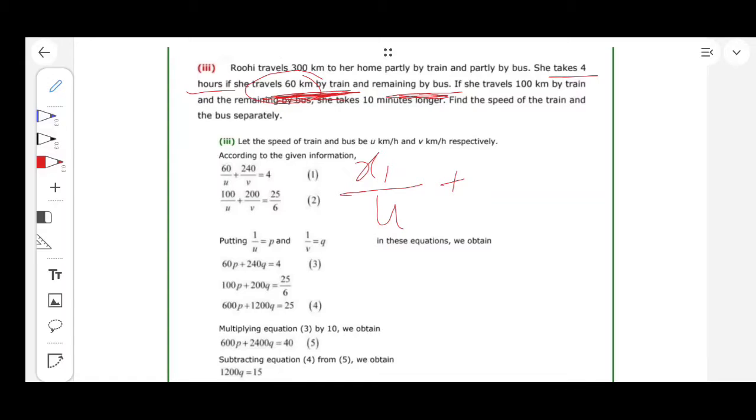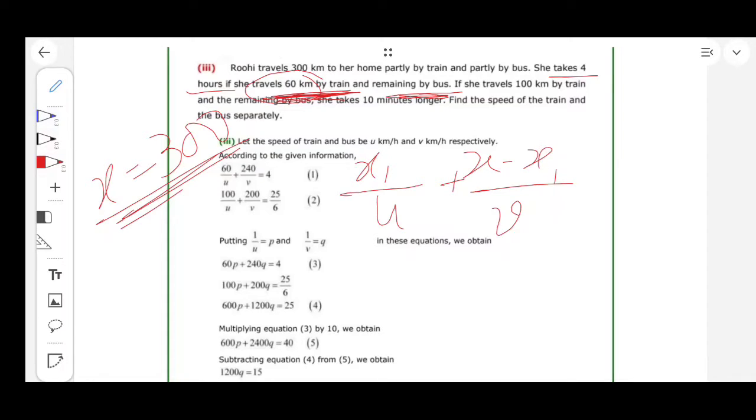Rather than writing x2, we could write the remaining distance as x minus x1. The total distance is x equals 300 km. The remaining distance is covered by bus, whose speed is v, and the time period equals 4.